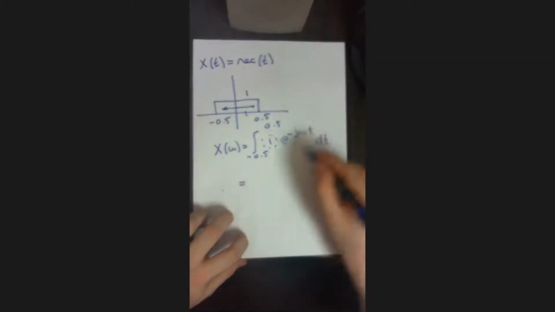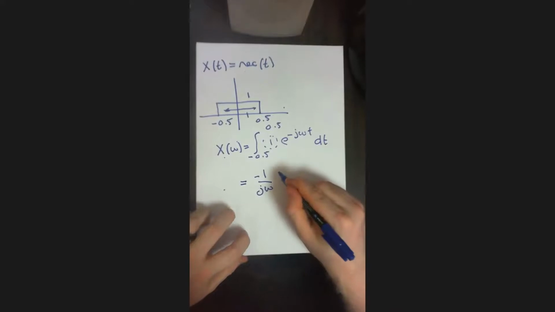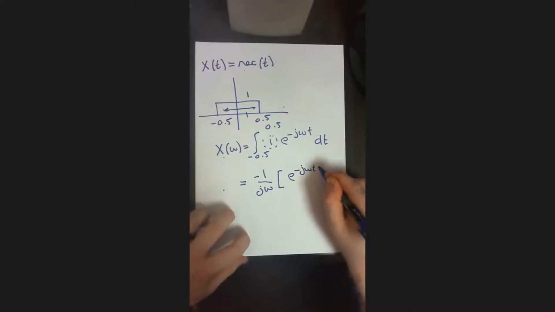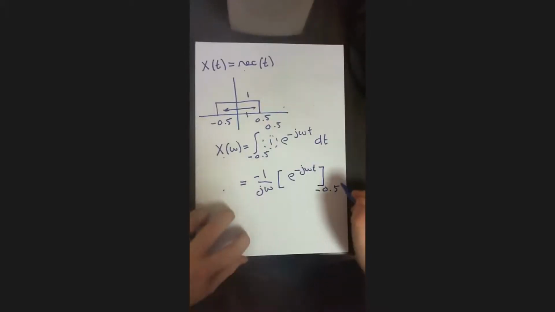Accordingly, we will have negative 1 over j omega, and here we will have e power minus j omega t extended from negative 0.5 to 0.5.